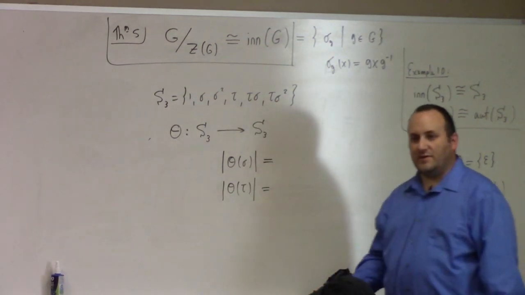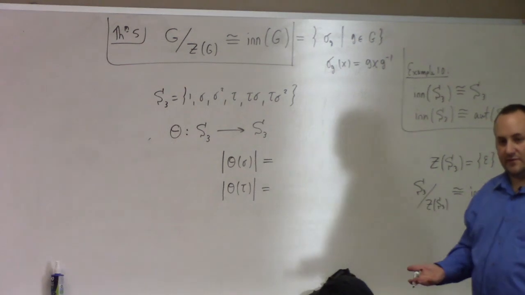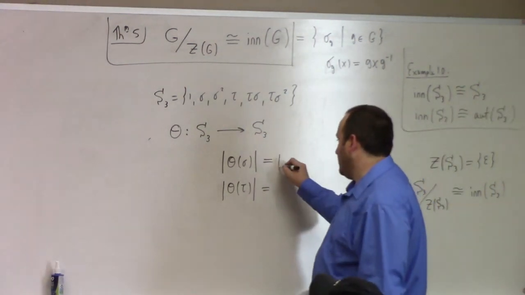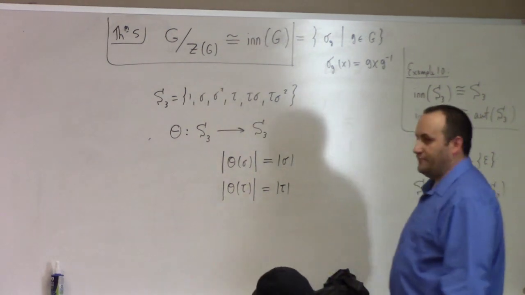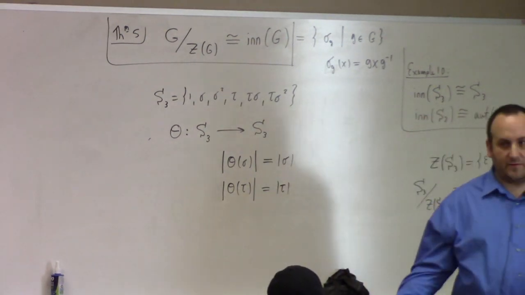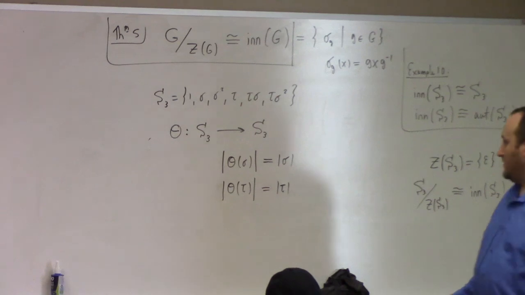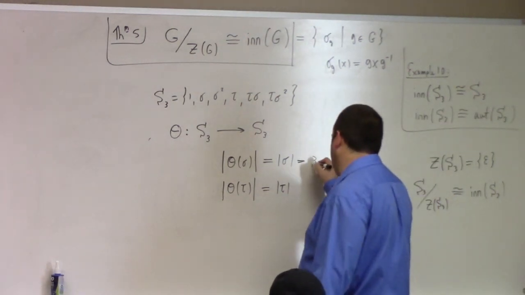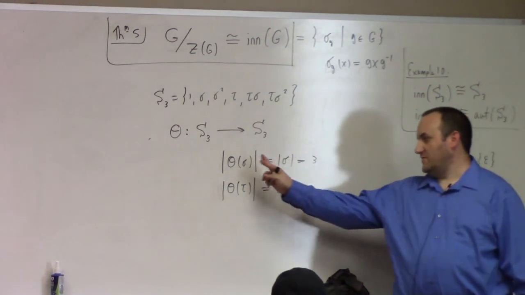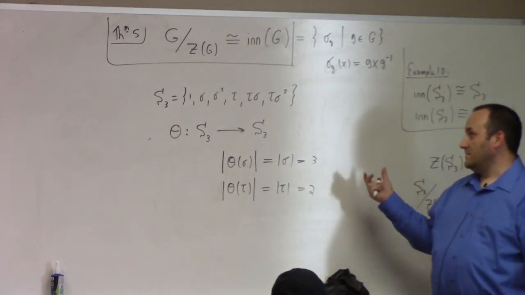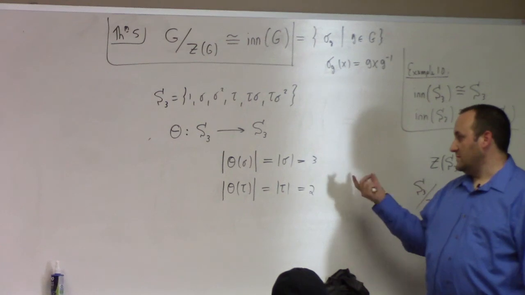It's an automorphism. What do automorphisms do? They preserve order, among other things. So this has to be the order of sigma, and this has to be the order of tau. How many elements are there of each order? Sigma has order 3, tau has order 2.